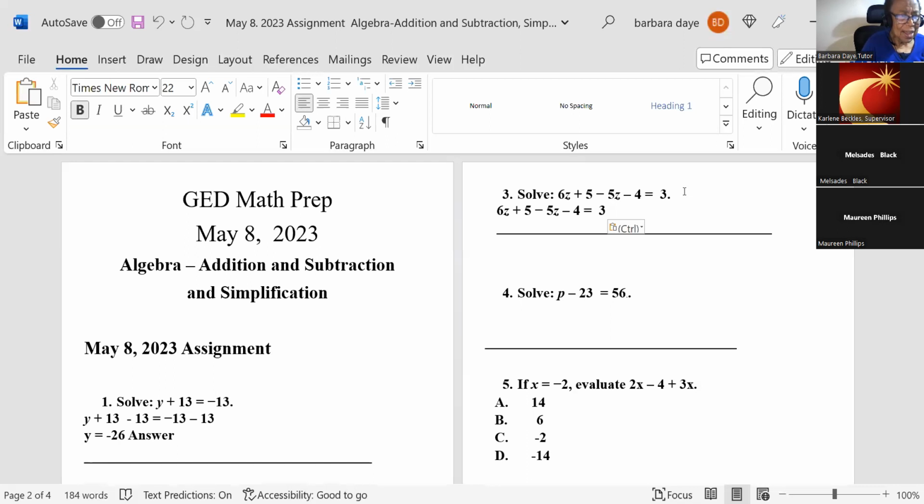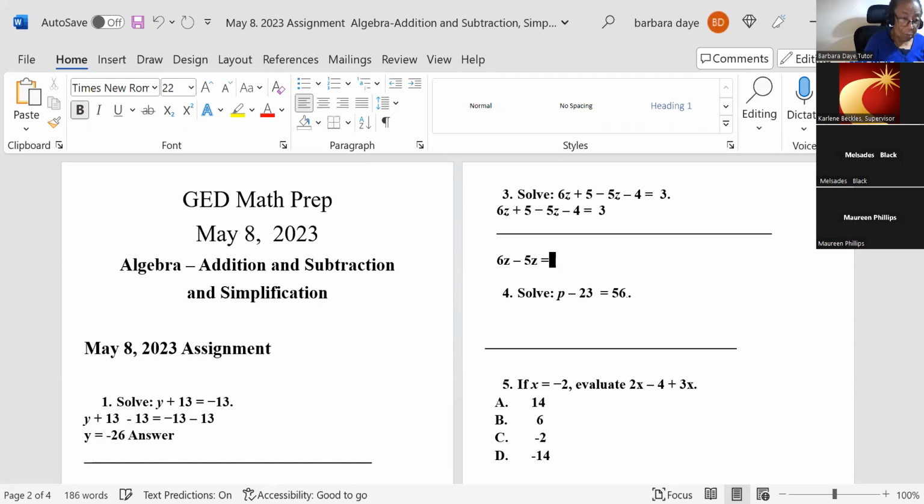You put the sign in front of the term. There's a default plus in front of the 6z, and there's a minus in front of the 5z. So this becomes 6z minus 5z.